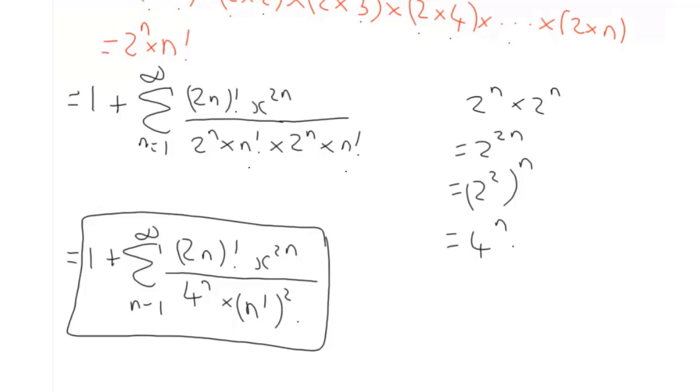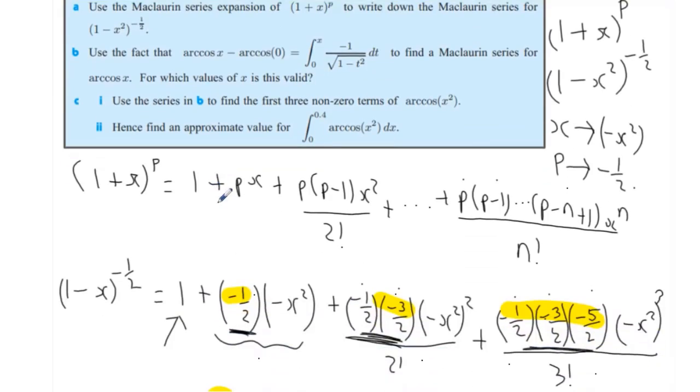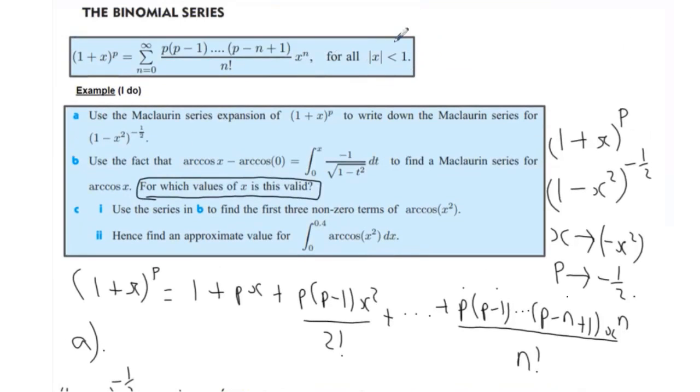So if we go back up to the question, don't lose sight of that. So use the Maclaurin series to write down an expression. We've now done part A. So better label, that was part A. Part B, but we probably should say why it is valid, because we're certainly going to need to know why it's valid here. So remember, the initial binomial series is valid for the absolute value of x less than 1.